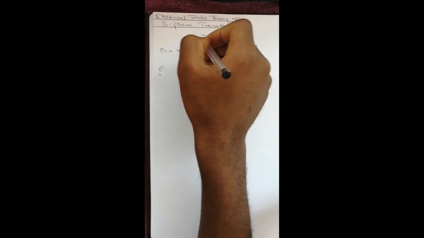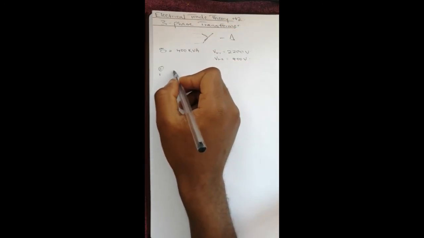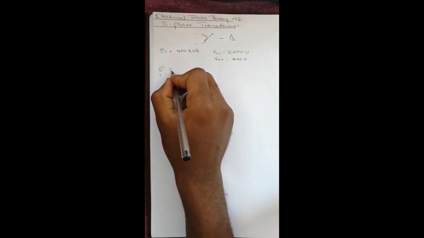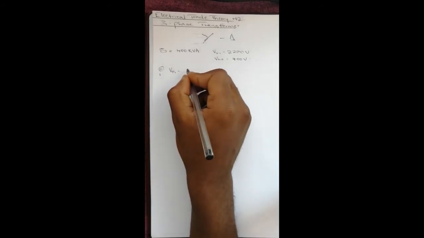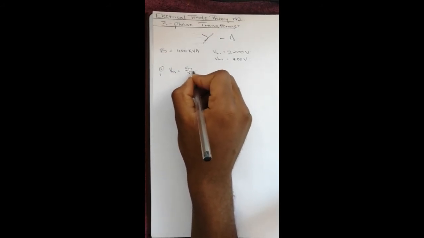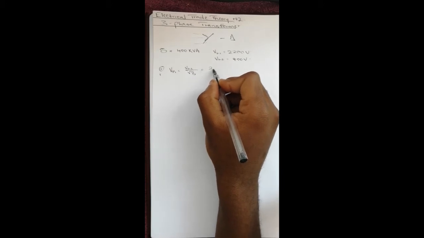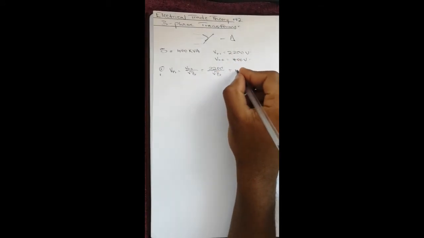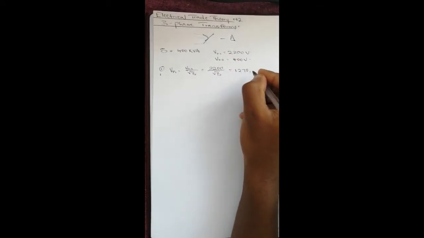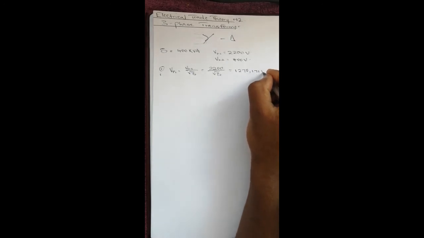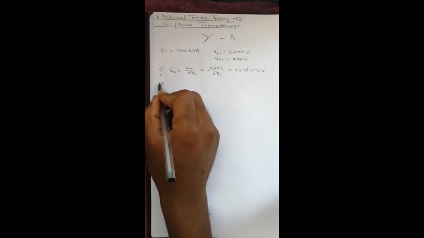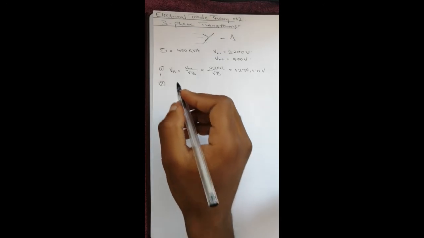To get V across one winding, which is phase voltage, it's going to be V phase 1 equals V line 1 over square root of 3, and that will be 2200 over square root of 3, which equals 1270.171 volts.